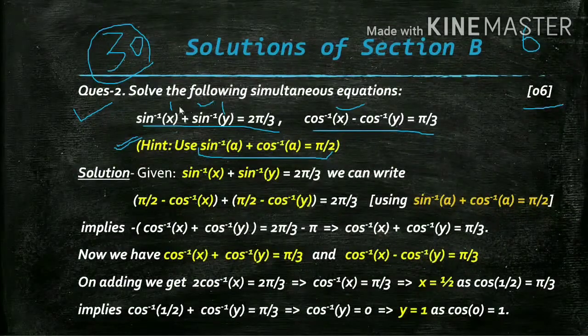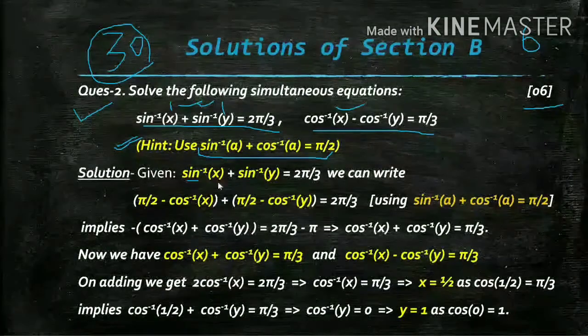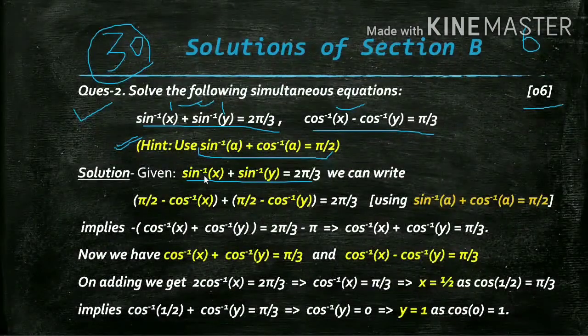I have converted this into cos. So this is given to you. Now, in place of sine inverse x, I can write pi by 2 minus cos inverse x. And in place of sine inverse y, I can write pi by 2 minus cos inverse y, using the identity that is given, because sine inverse x is pi by 2 minus cos inverse x.